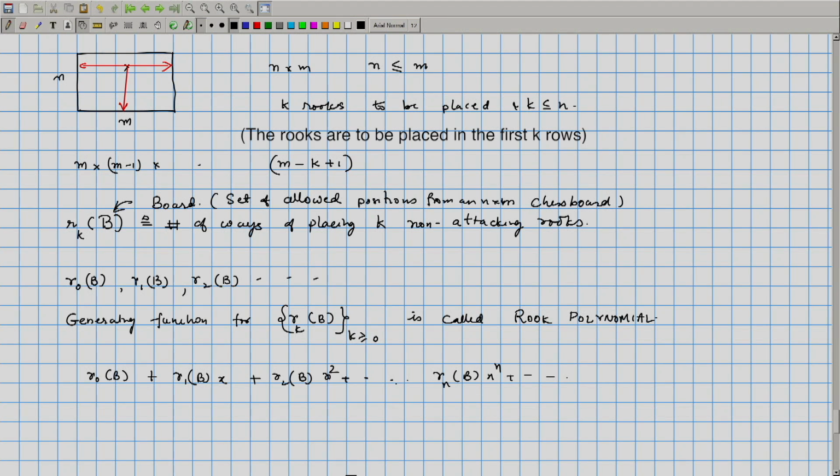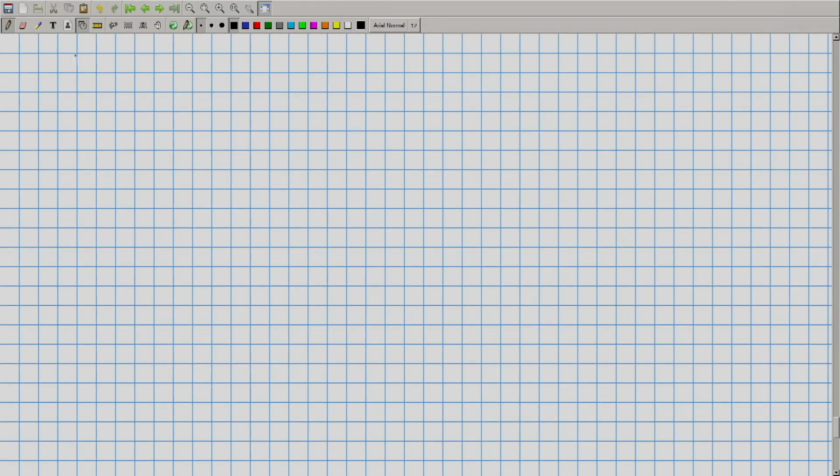Let us do a couple of examples. If we look at this particular board, there are 4 positions, and let us say all the positions are allowed. R0b is going to be 1, because there is only one way in which you do not place anything, and R1b is going to be equal to 4. In fact, for any board, R1b, the number of ways of placing one rook, will be equal to the number of allowed positions.